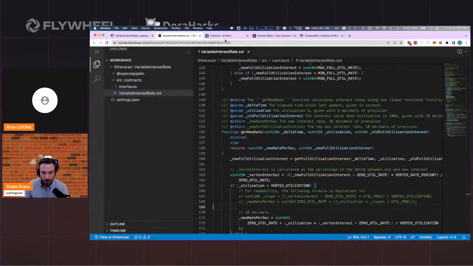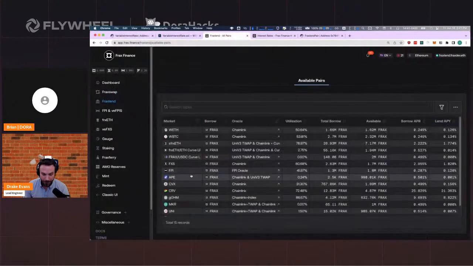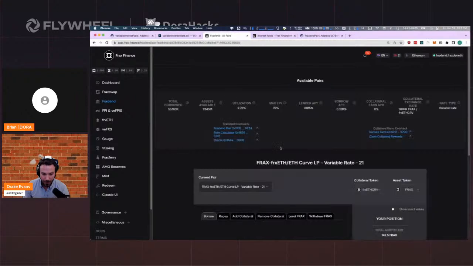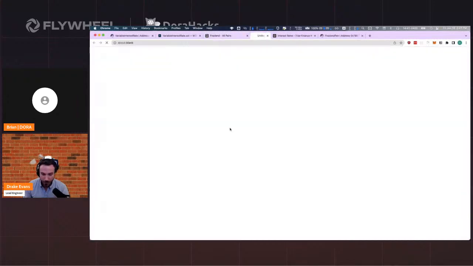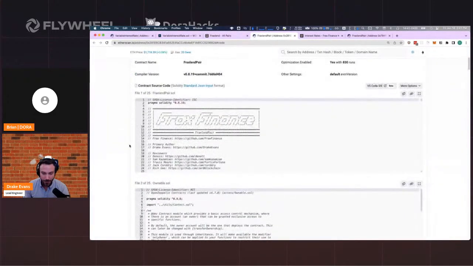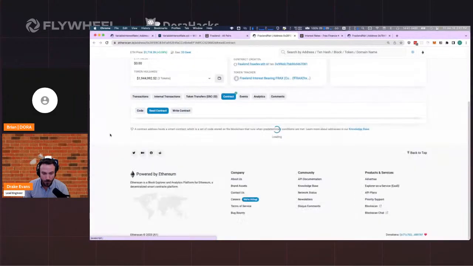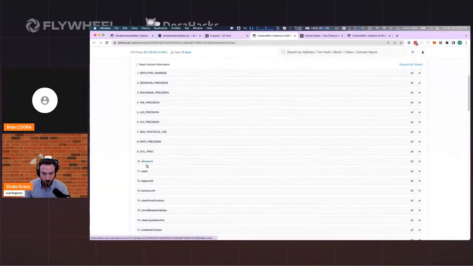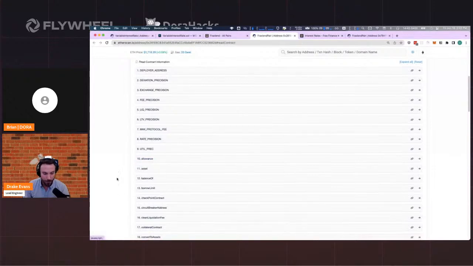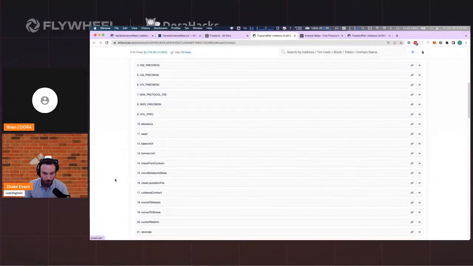Unlike the V1 pairs, the V2 pairs have some convenience functions which you may find helpful for previewing pending interest. So let's take a look at some of those. The nice thing about the V2 pairs is that they adhere to the ERC 4626 standard, and so they provide previews for all of the things you might want to calculate.